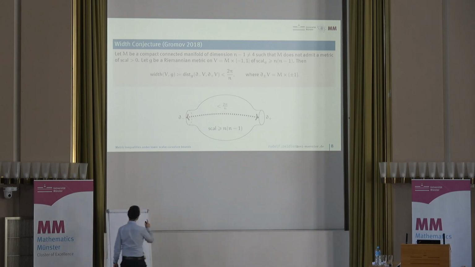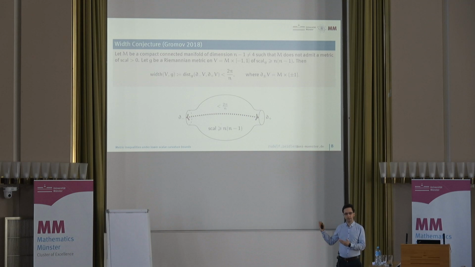And then the prediction is that the distance between the boundary components of the cylinder, measured intrinsically with respect to the metric g where you have the scalar curvature bound, is strictly bounded above by 2 pi over n. And this number 2 pi over n is precisely the number that we got in this explicit warped product construction that we've seen before.